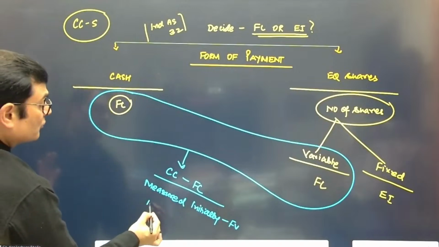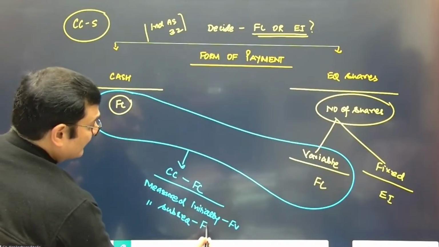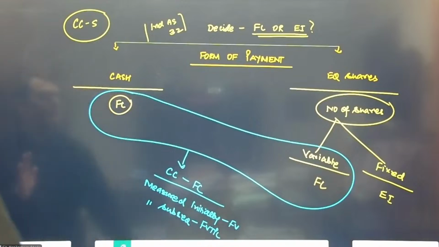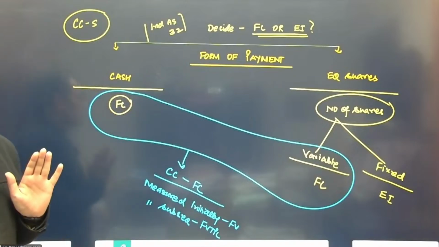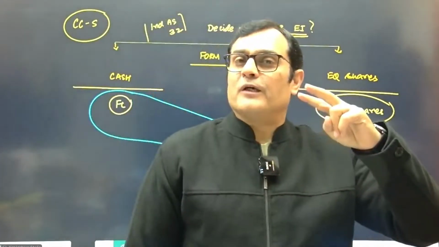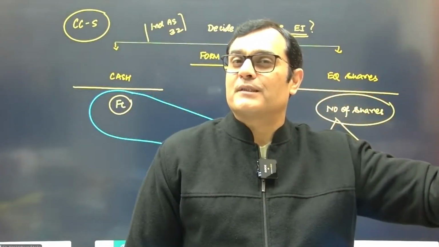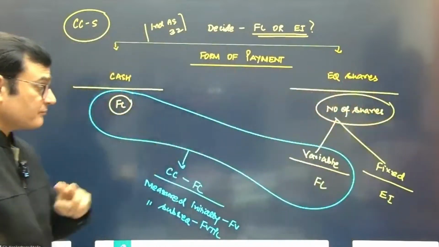And it is also measured subsequently at FVTPL. Remember? So fair value changes are going to be captured in the profit and loss in the subsequent years as well.